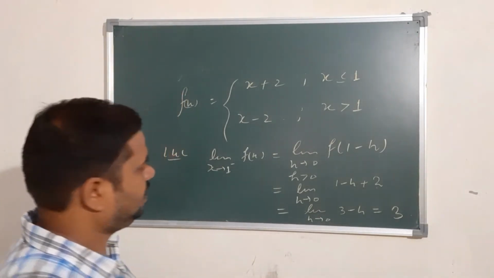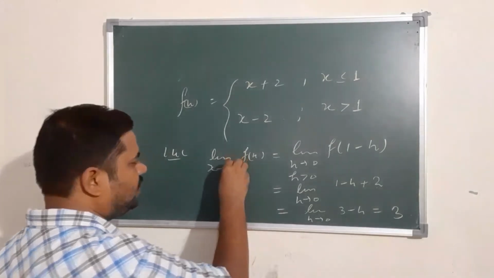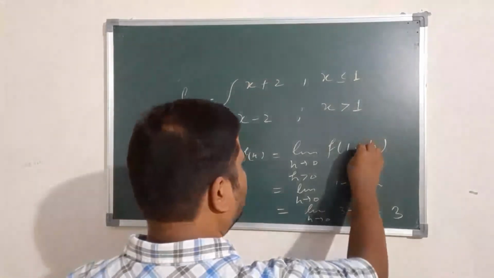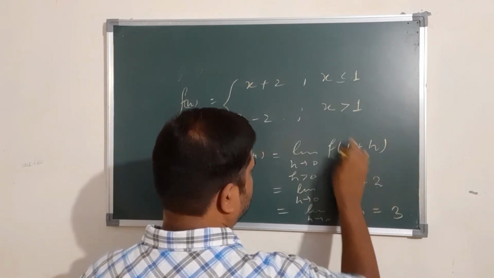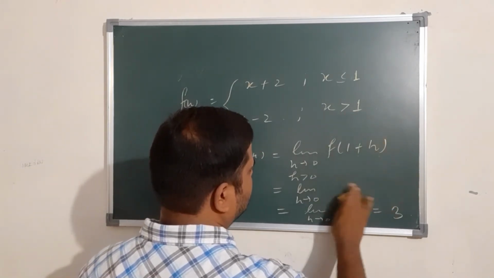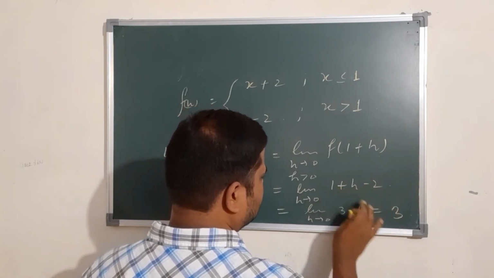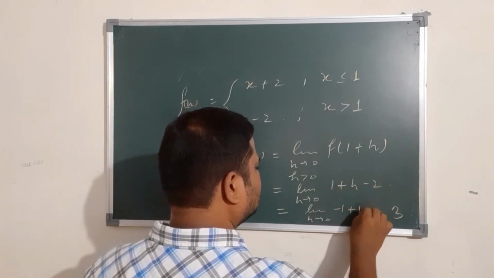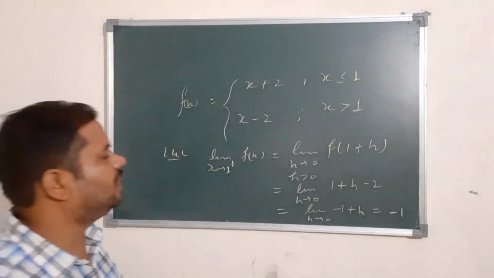Now we are going to discuss RHL of this function. RHL is nothing but limit x tends to 1 plus h, h greater than 0, that is greater than 1, so the function is x - 2, that is 1 + h - 2, which is nothing but -1 + h, and this is -1. And what is the value of the function?